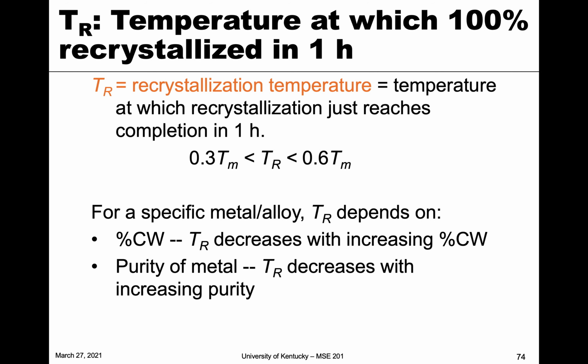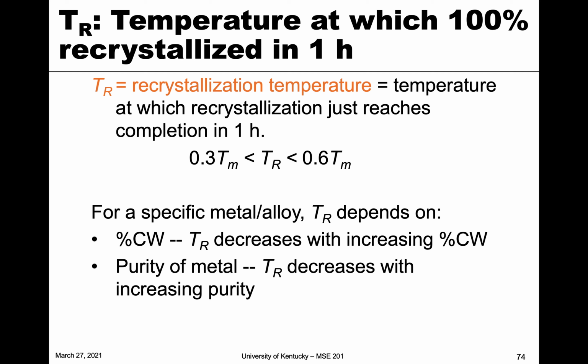I will say that this temperature isn't a fixed quantity, and we'll talk about what changes it. But for the most part, we can estimate where this temperature will be based on the material's melting temperature. It tends to be between 0.3 and 0.6 of the melting temperature for that material. That's always a first guess, even though that's a pretty wide range of materials and temperatures.